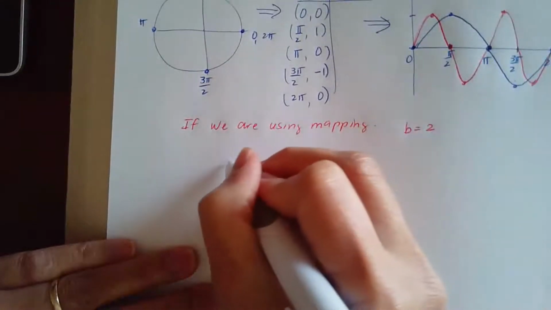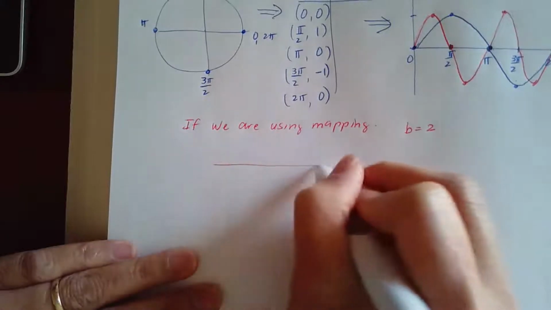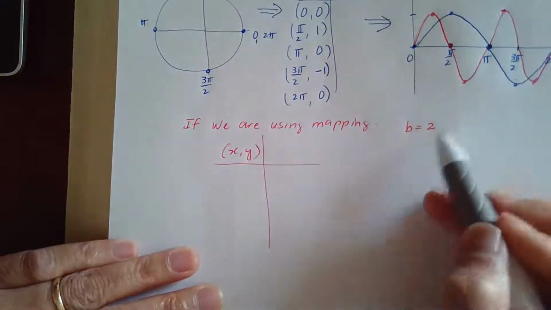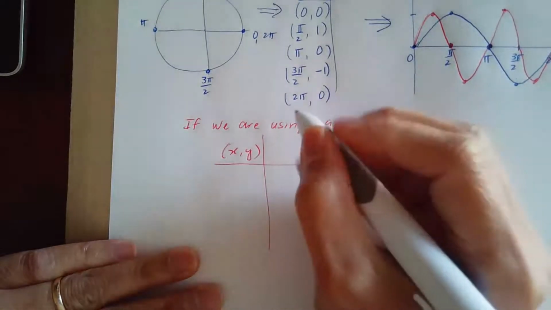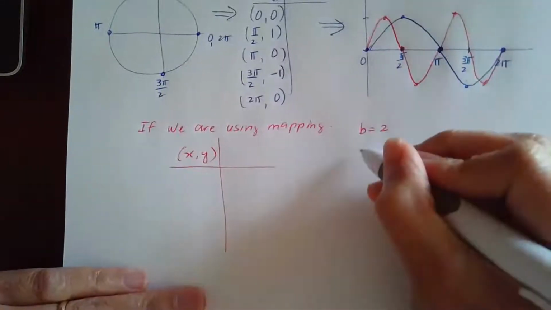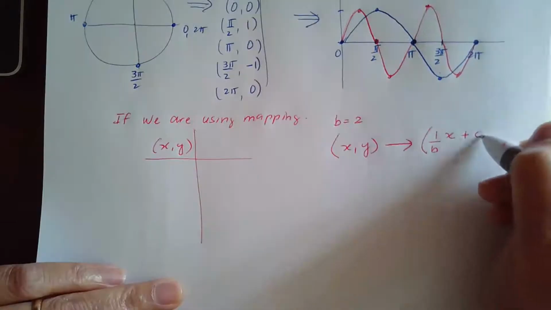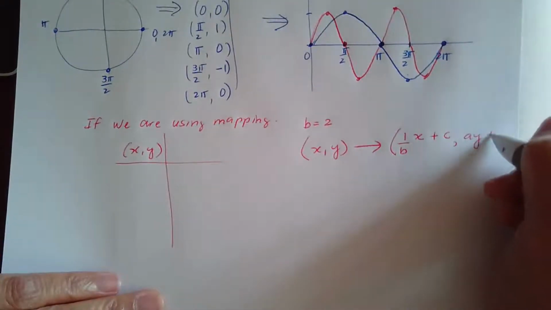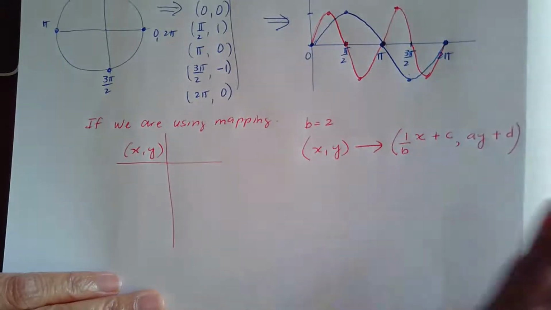It used to be x, y. Now because b is 2, the mapping is x over b, a times y plus d.